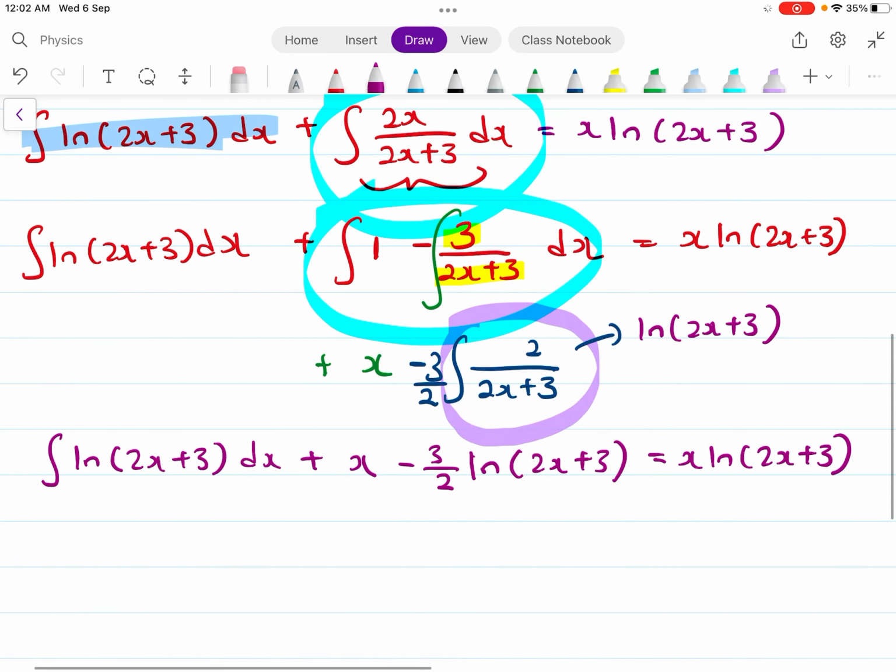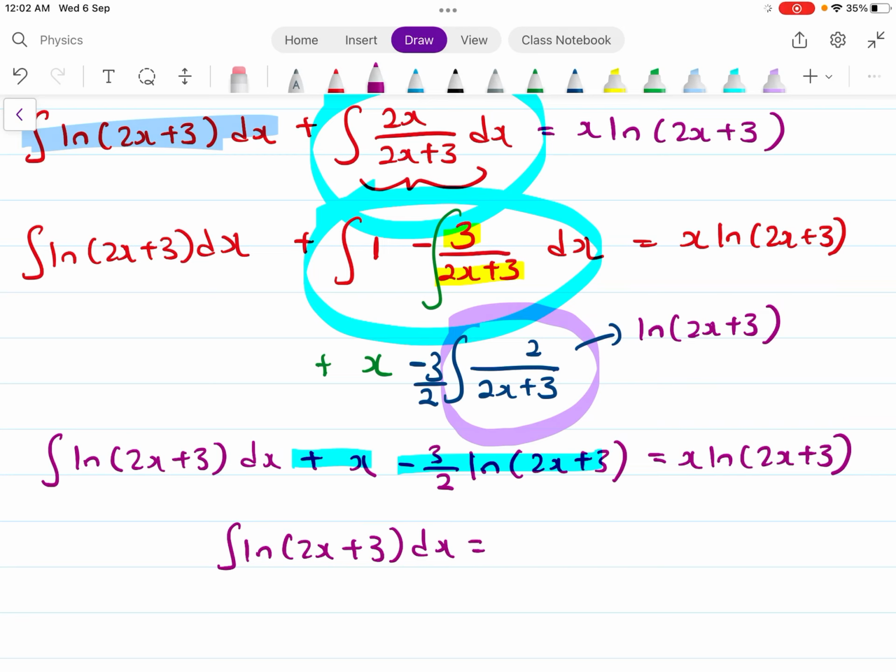So the final part, okay, almost ready. So this thing and this thing move over to the right hand side. So you do that, it becomes the integral of ln(2x+3) dx equal to x ln(2x+3).